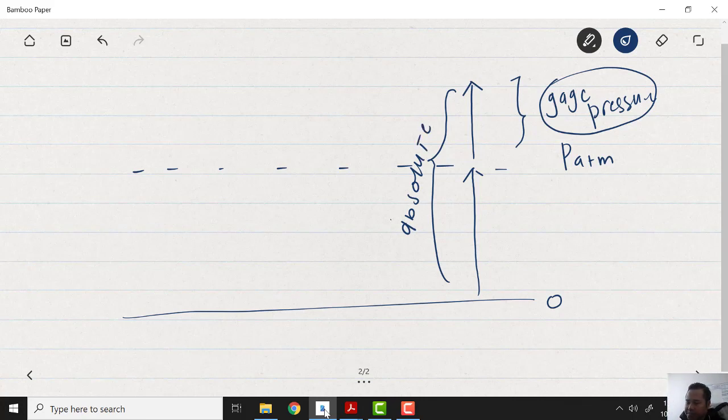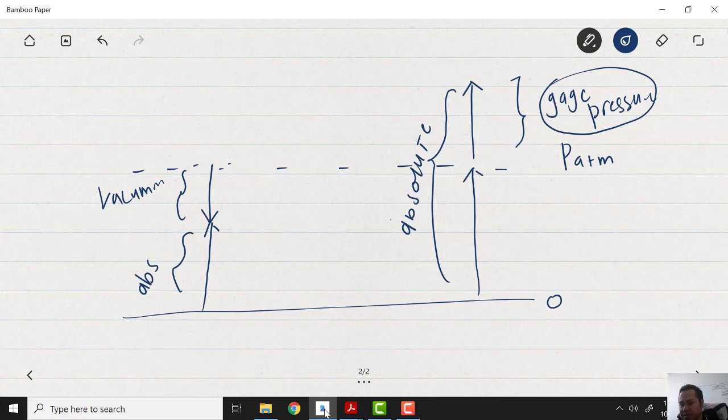If you measure a pressure starting from below PATM, we call it vacuum pressure. And if you measure the pressure starting from zero until the vacuum pressure, we get the absolute pressure. What is P absolute? P absolute is pressure measured from zero.